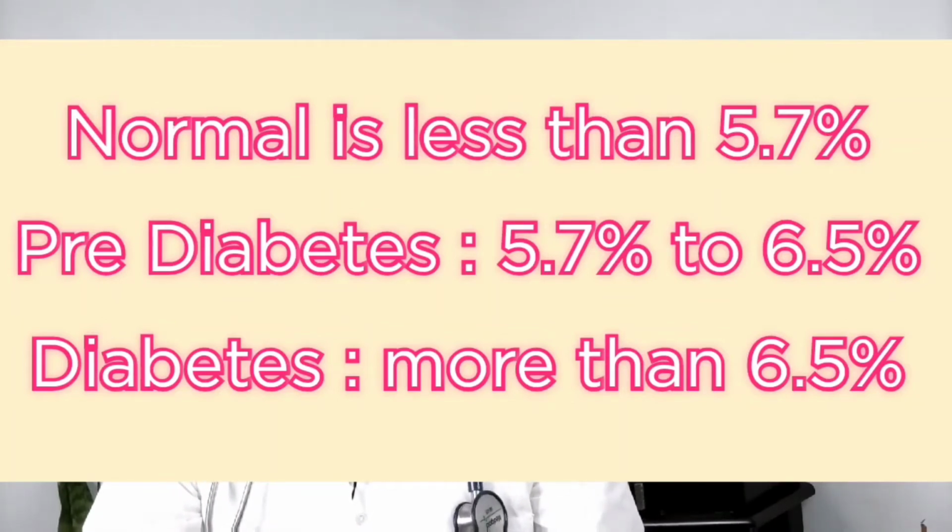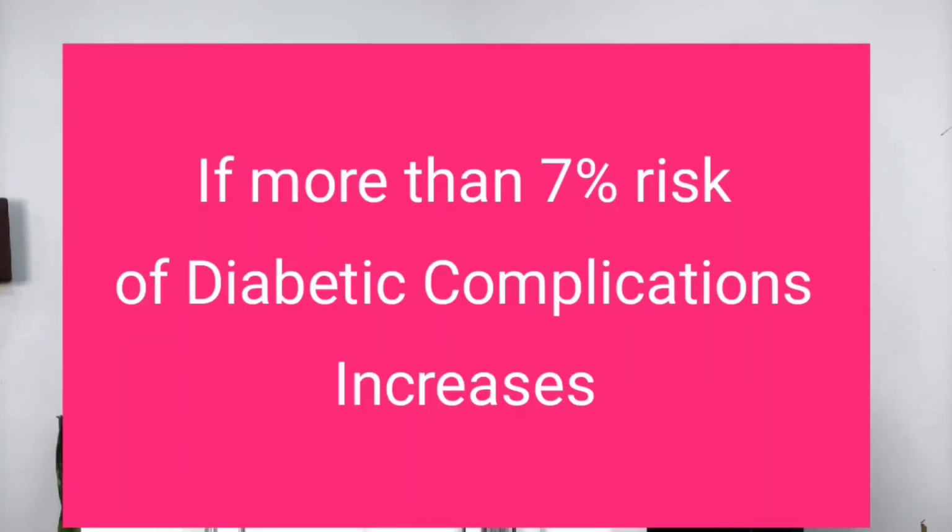Why do we need to know about these HbA1C values? If the HbA1C value is more than 7%, and if it is persistently more than 7%, then we say that you are more likely to have the complications of diabetes.